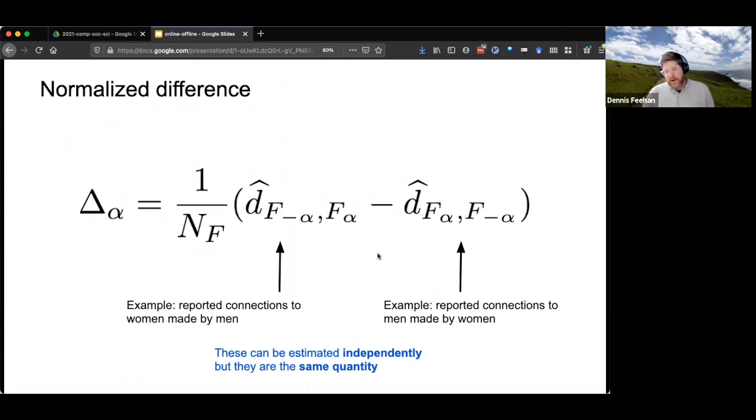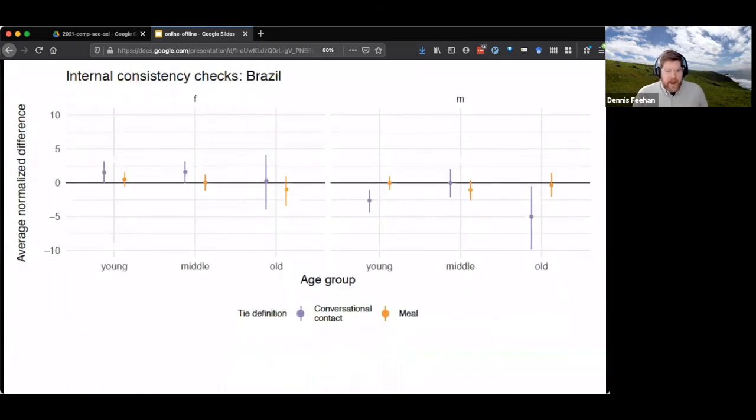If all of the assumptions are met, then the difference between these two estimates should be 0 because they're the same, plus or minus some sampling noise, right? And to the extent that that difference is not 0, then that's some kind of signal that there's some error beyond the sampling.